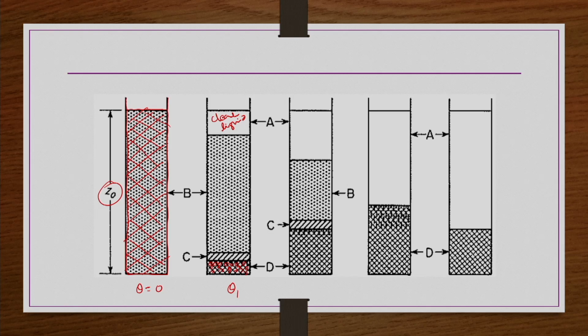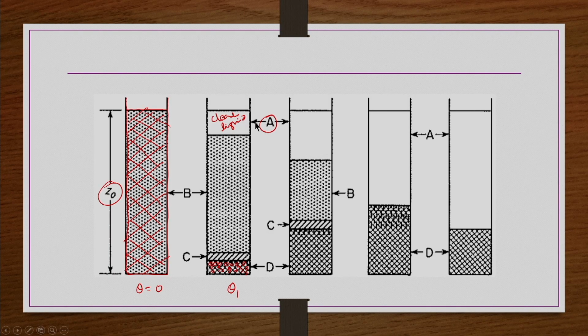At the bottom more and more particles are accumulating as sludge. Since some particles have settled, obviously at the top we will have a clear liquid phase, almost free from particles, virtually clear liquid, and that zone we call the A zone. And the concentrated sludge that forms at the bottom, we call it the D zone.